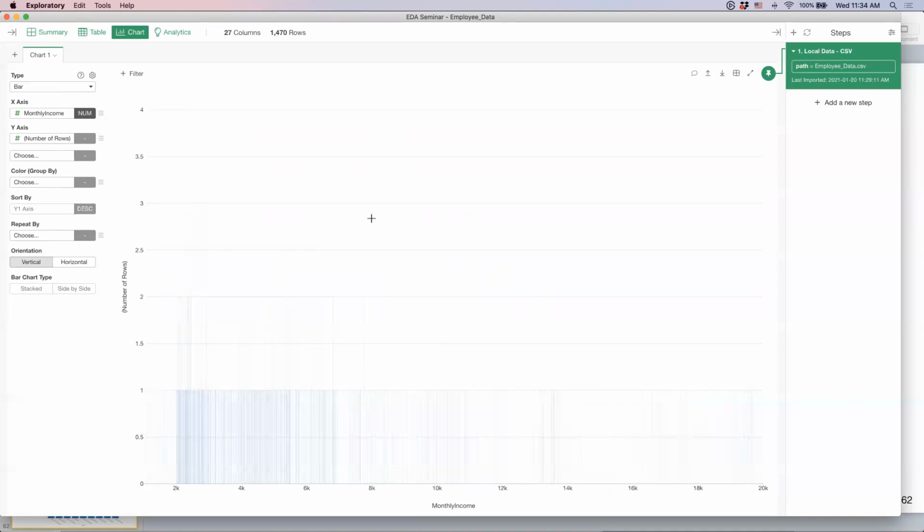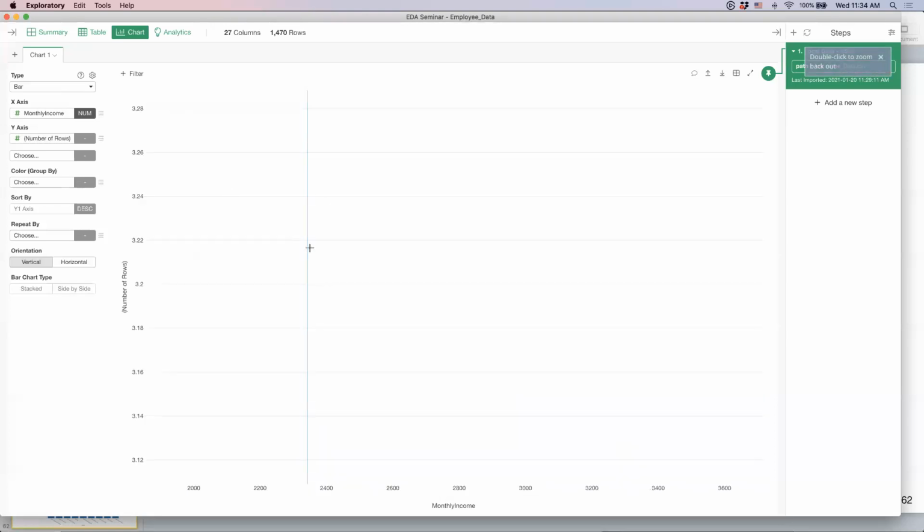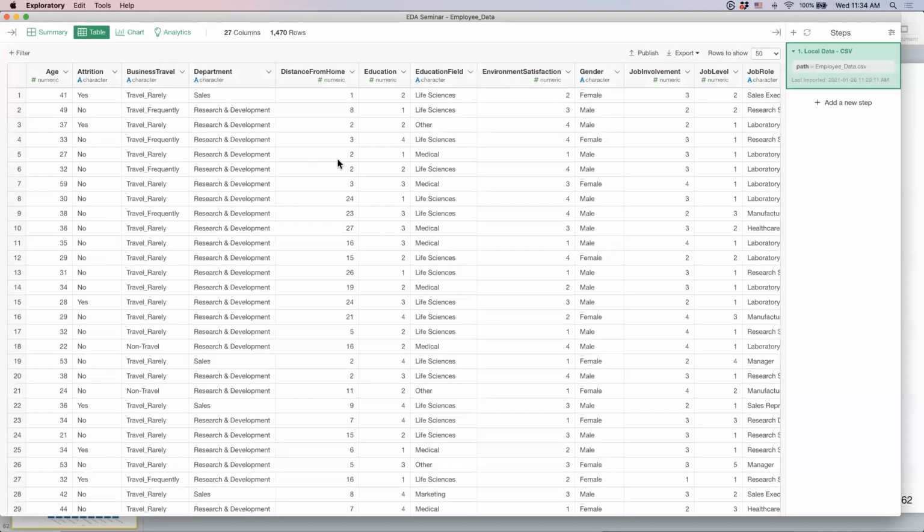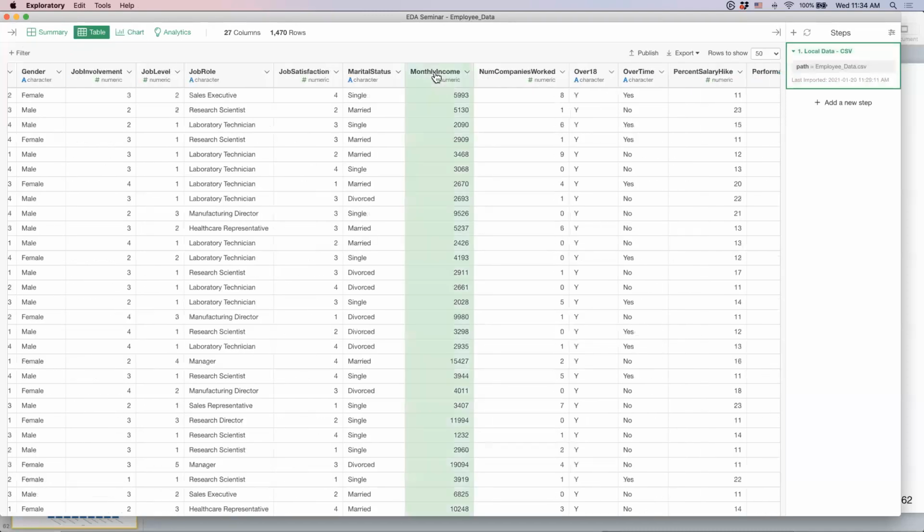It's almost like nothing's here. But when you pay attention and stare at the screen, there are some blue marks, and the y-axis is 1 or 2, maybe something around 3 or 4. What's happening is, when you look at the table and the monthly income data, for example, the first person has $5,993, and not many other employees happen to have exactly that same amount.